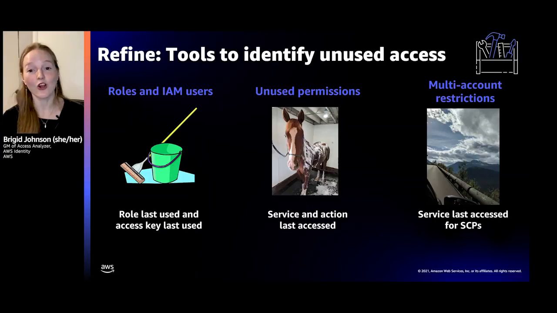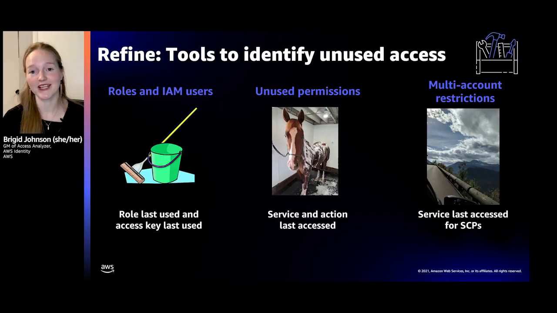Then for the roles that are in use, you want to double click and refine them further by identifying unused permissions. To help you do that, we provide service last access and action last access. And if you didn't know, we actually added a few more services to action last access this year that we'll show you as well.